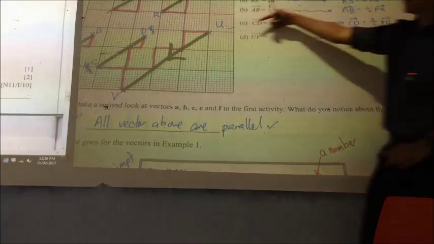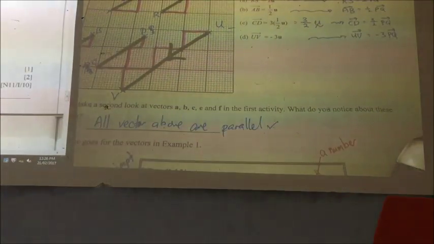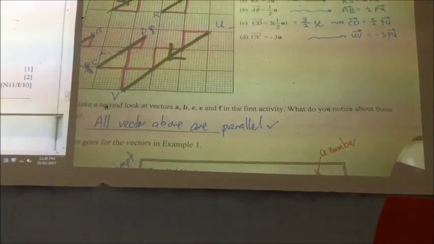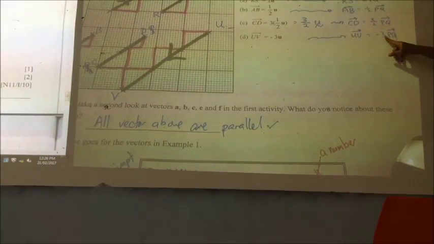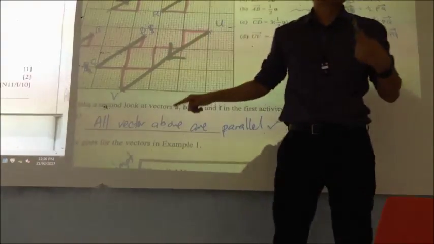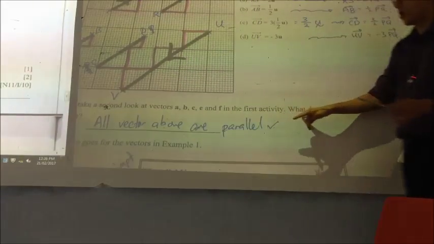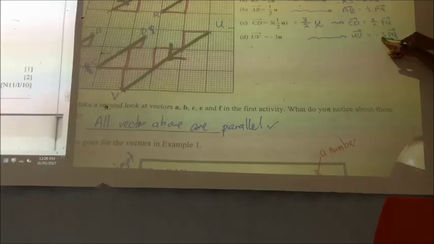UV is coming down from top to bottom. But PQ is going up. Now, if I talk about the length, is it correct to say that this is 3 times of this? Yes. Do I need to say this is negative 3 times of this? No need. So the negative only means direction.